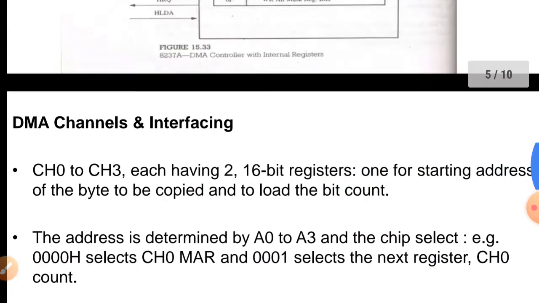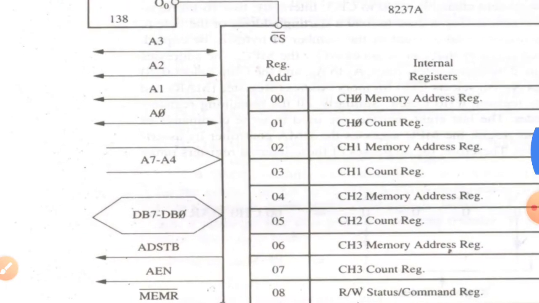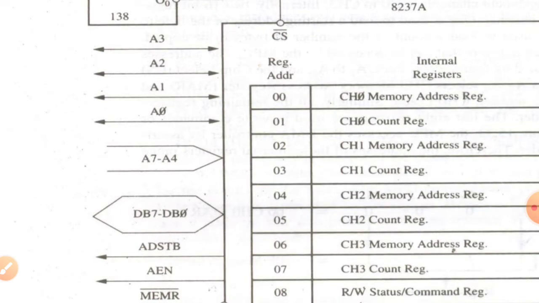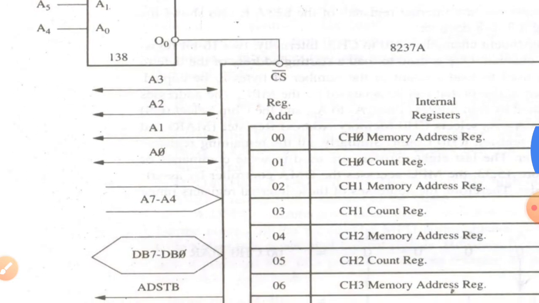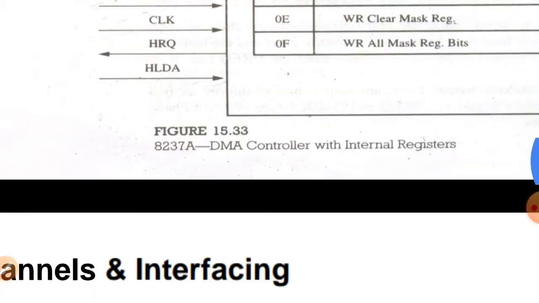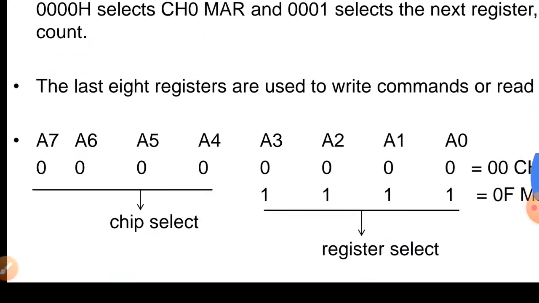Bidirectional means that once it is used to select the individual registers in the 8237, and another time it is used to send the address. That is why these signals are bidirectional in case of the 8237.